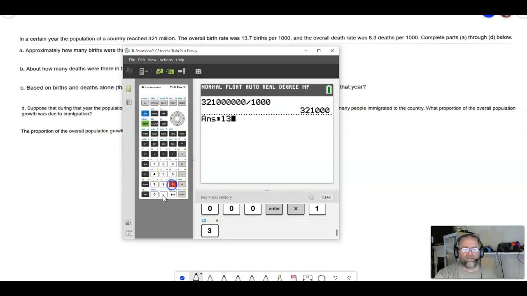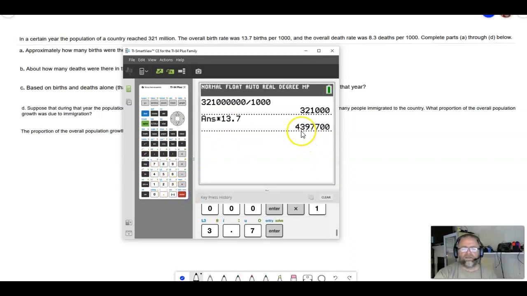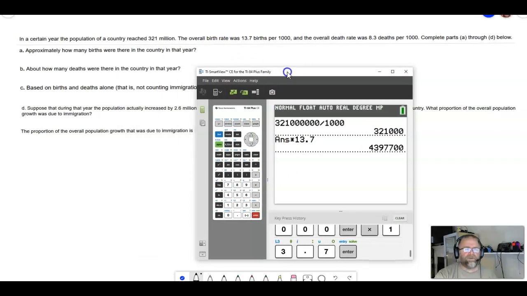So for every 1,000 people, there's 13.7 births. So in total, during that year, there were approximately 4,397,700 births. That's probably rounded to the hundreds place. That would be the answer for the first one.